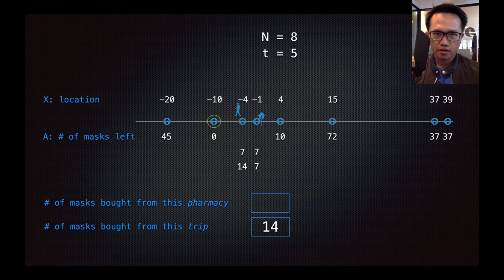It's out of stock. And as you keep walking toward the left, it stays at 0. And when you get there, you're still at 14 masks from this trip. And then you go to the fourth pharmacy on the left. Now the inventory went down from 50 to 30 over there, and that makes it a total of 44 masks from this trip.